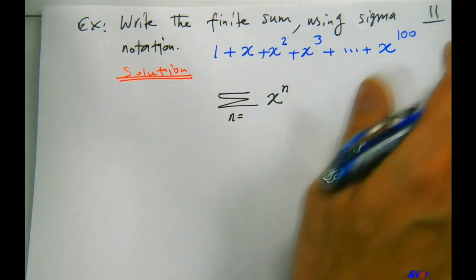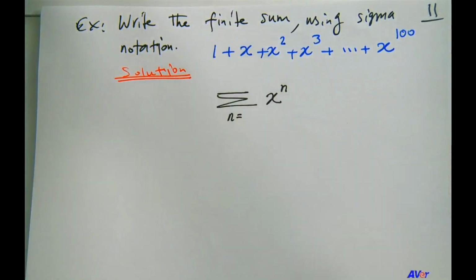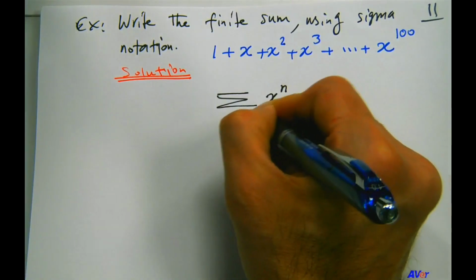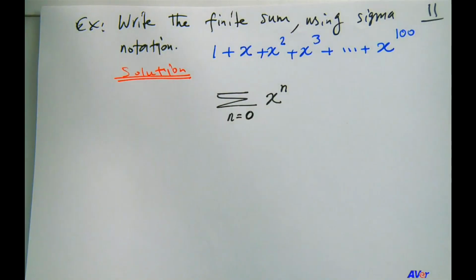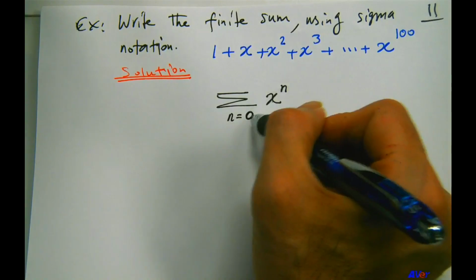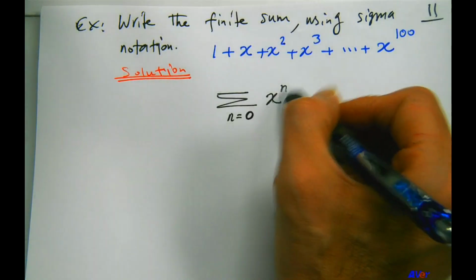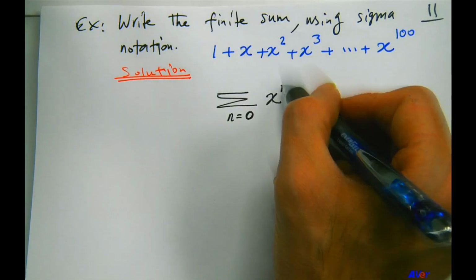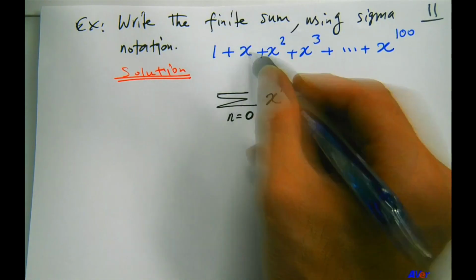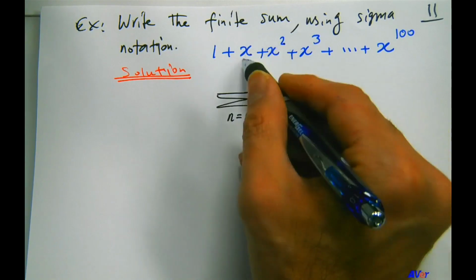What is the only power of x that will give us 1? 0. So I have no choice but to start n from 0. Now x to the 0 power gives me 1, then x to the first power, for n equals 1, gives me the second term.